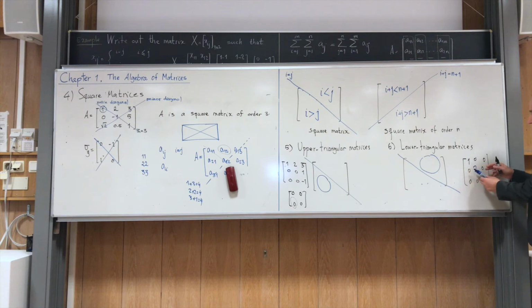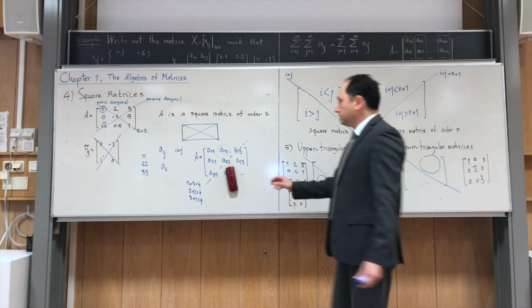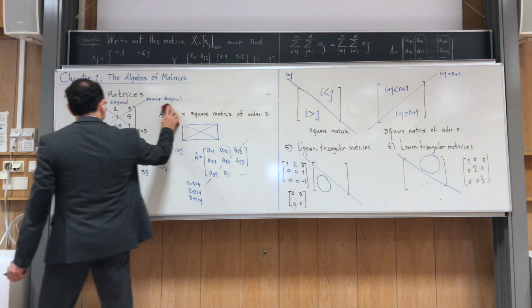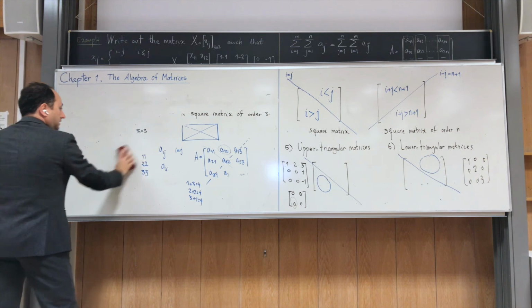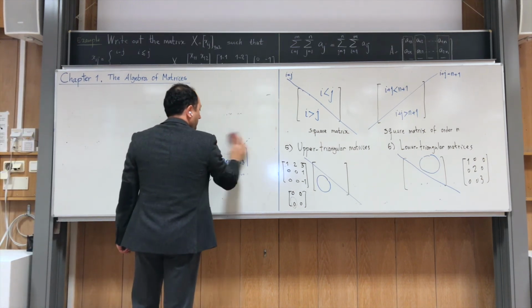It is lower triangular because if I look above the main diagonal, everything is 0. These kinds of matrices have a specific name. These are called diagonal matrices. Yes. So number 7, if I want to add it here, is called a diagonal matrix.